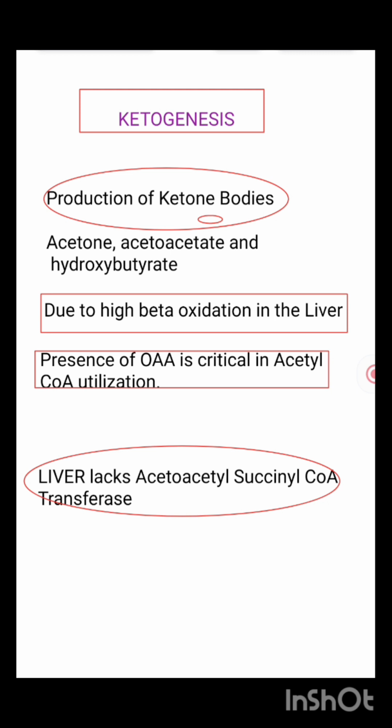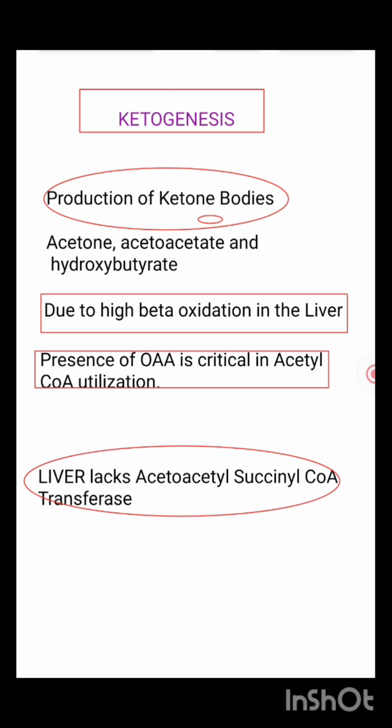Now, when beta oxidation takes place, the presence of oxaloacetate is very critical because oxaloacetate is what combines with acetyl-CoA in the TCA cycle. But when there is no oxaloacetate, it becomes very difficult to utilize the acetyl-CoA that is produced from beta oxidation.